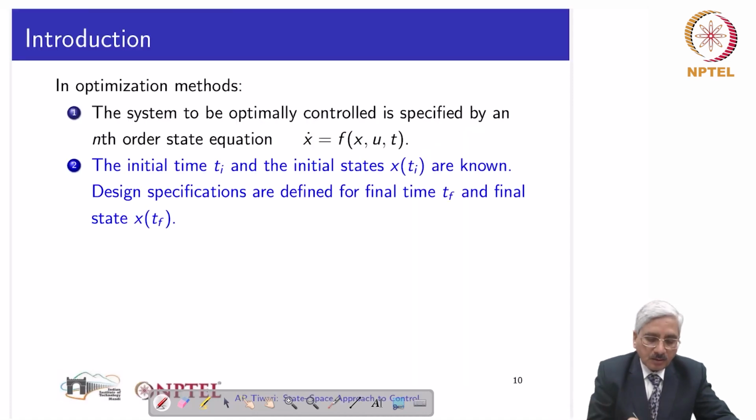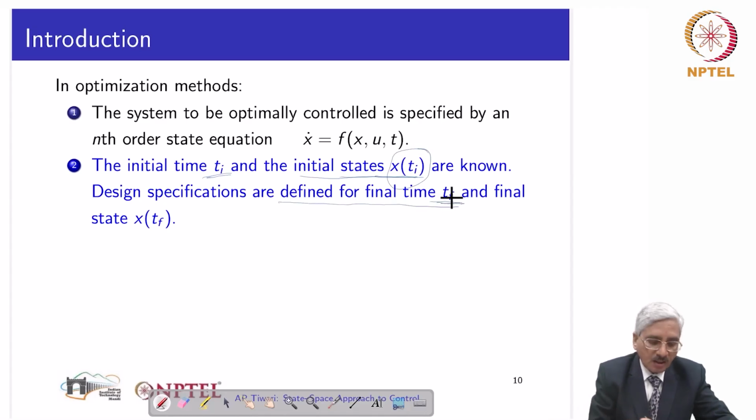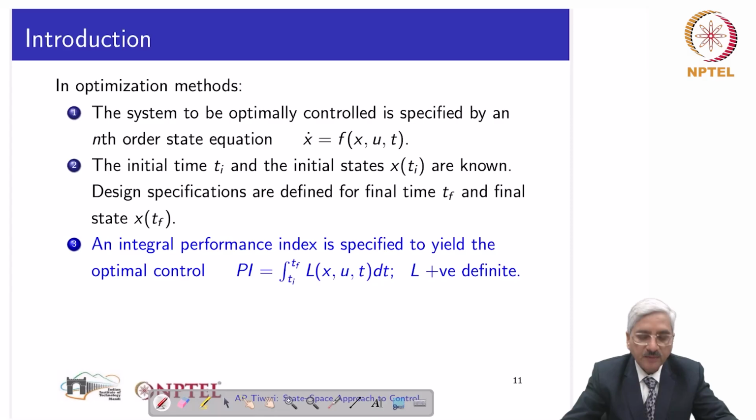The initial time ti and the initial state at the time ti, denoted by x(ti), are known, and design specifications are defined for the final time tf and final state x(tf), tf being the final time.